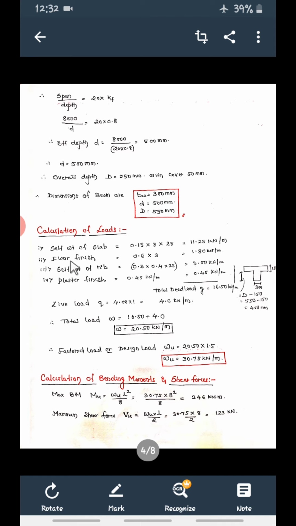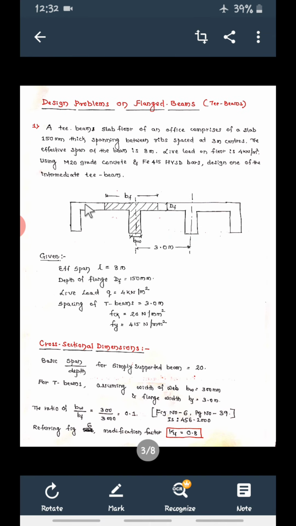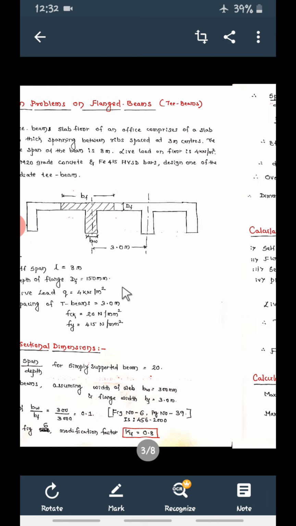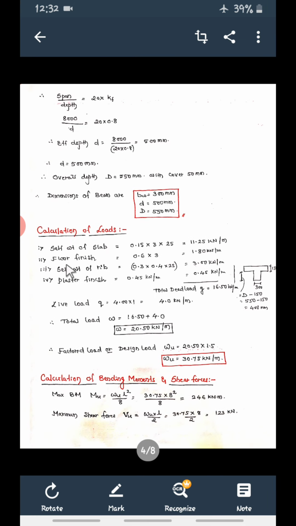Then floor finish. Suppose over this slab, one more floor is there. So over this slab, what we're going to put? We're going to put the tiles. That floor tiles or anything you can take as a floor finish load. So roughly it is assumed. It is not given. Even if you don't consider this, fine, no problem.